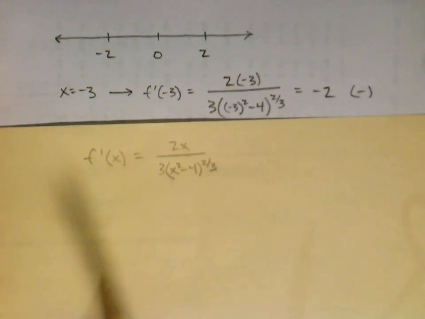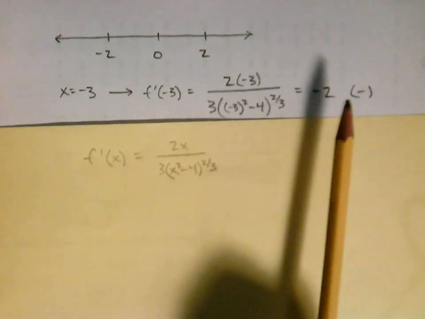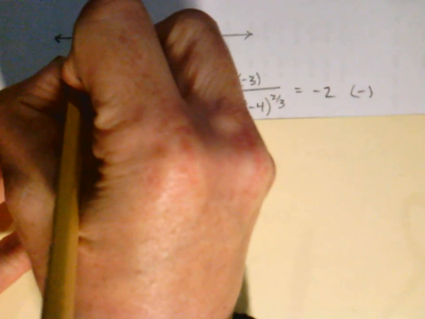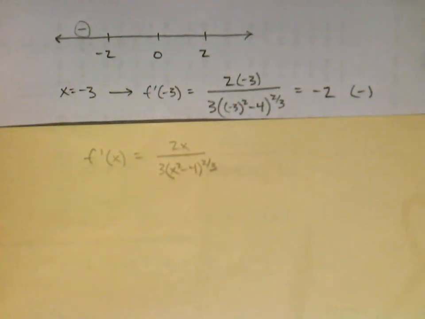Okay, in the end, the point is when I plug in -3, it comes out to -2, but I don't even care that it's -2, it's a negative answer. So I like to go back and put a big negative sign there and circle it. And okay, I think we get the idea. There's definitely some number crunching, some tedious work here.